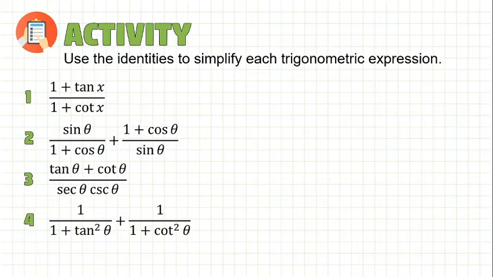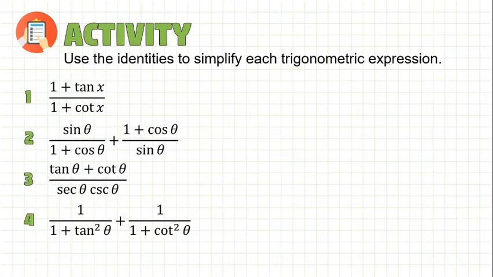Now, how are we going to know that the expression is already in simplest form? So this is what you will see. It is in simplest form if it is not in fraction form, or if it is in fraction form, it should be in reduced form.